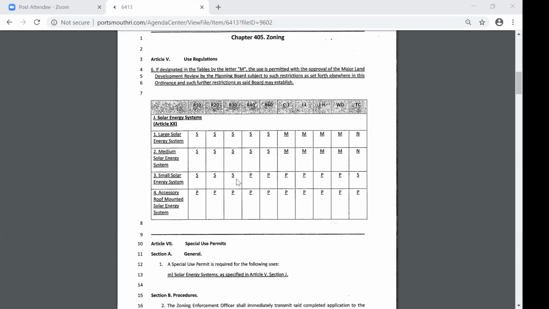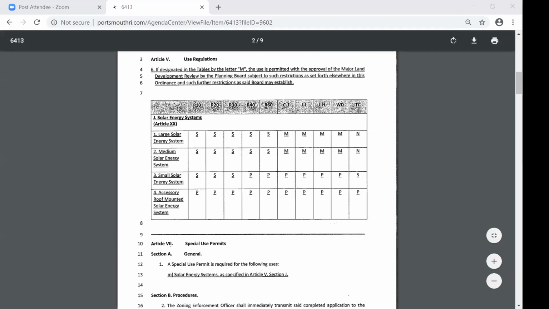So that's what I'm fine with: if he wants to do this and have the lot coverage calculated differently for the large and medium-sized arrays, but not in the residential area for small arrays. The other thing is, I think he's entirely wrong on especially the waterfront district.